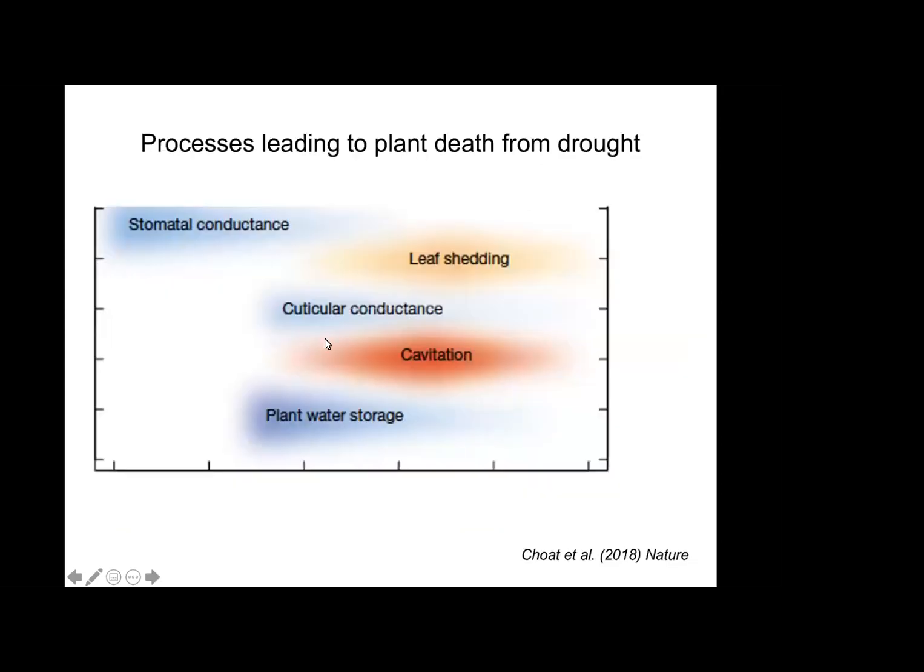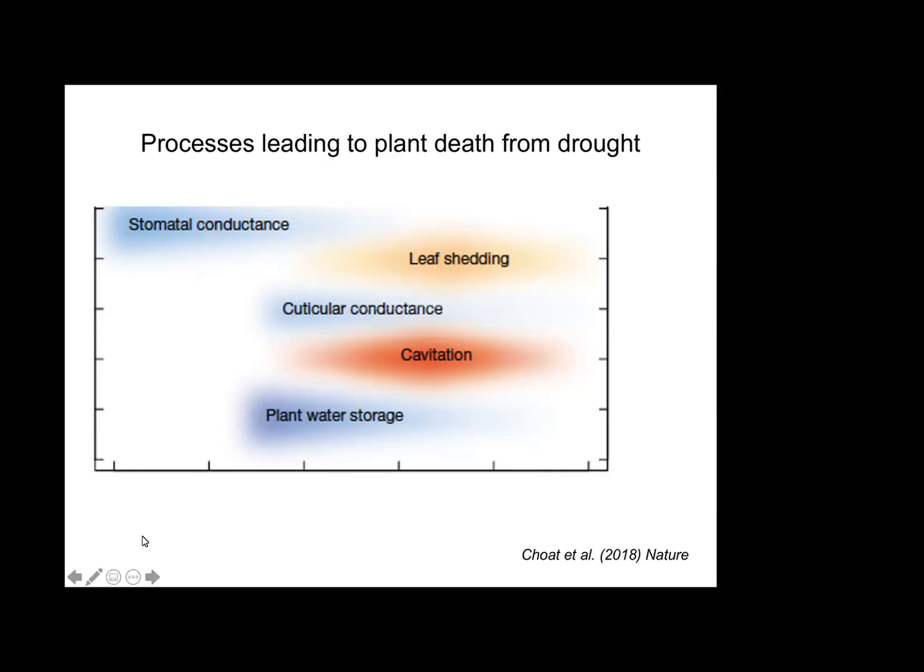I find this kind of ironic in a way, because a lot of the drought mortality literature has focused on this hydraulic failure versus carbon starvation dichotomy that Nate McDowell put forward in his fantastic work in 2008. Since then, there's been a lot of work showing that carbohydrate reserves don't actually matter during drought. So if a plant's going to die during drought stress, it's most likely to die from hydraulic failure.